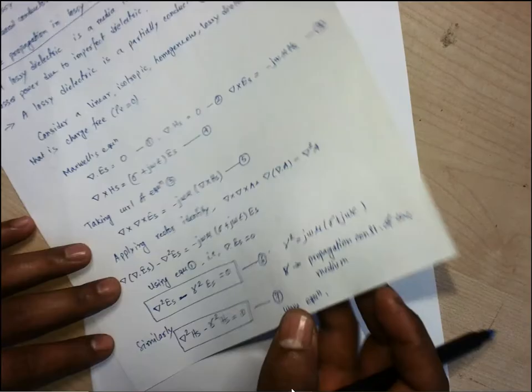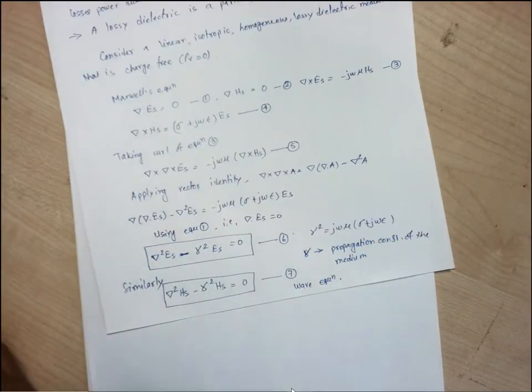Then we can say the electric field and magnetic field may have different components. It may have an x component, a y component, or a z component. But we know that if E has an x component, then related to this x component of the electric field, the magnetic field will be in the y component, because E and H are always in orthogonal directions.